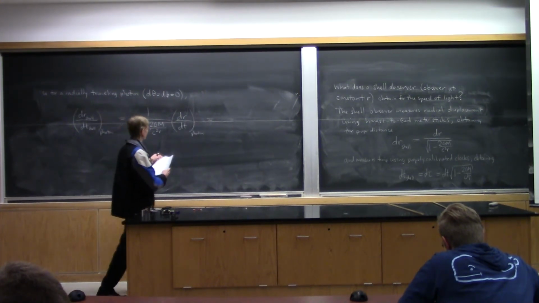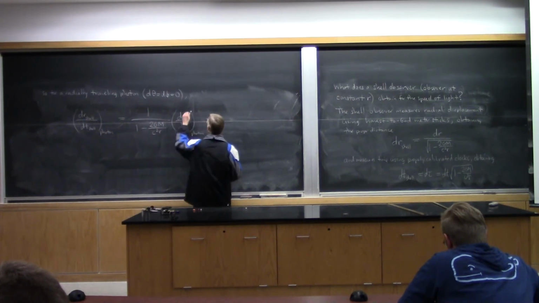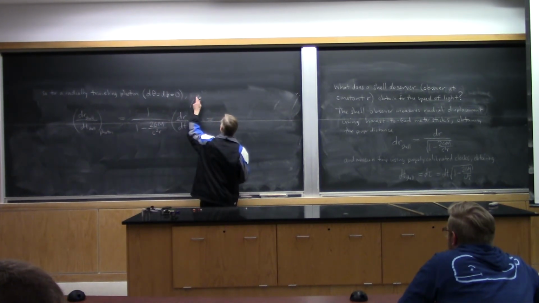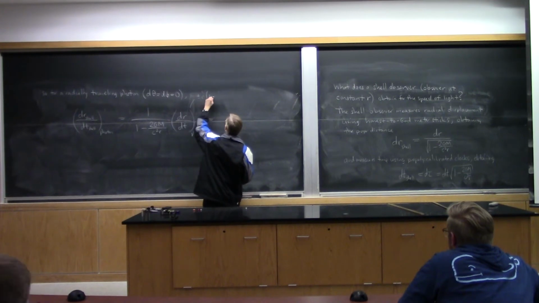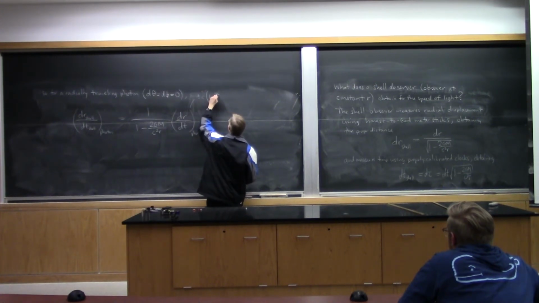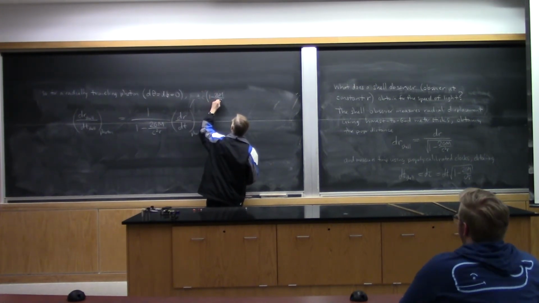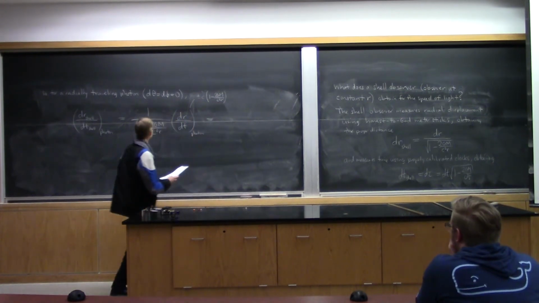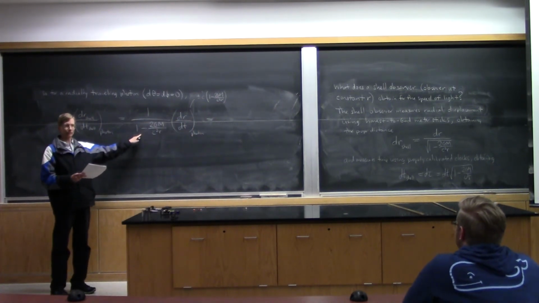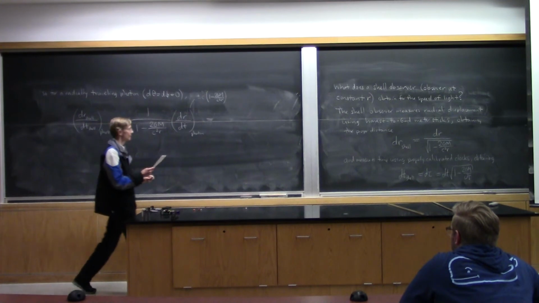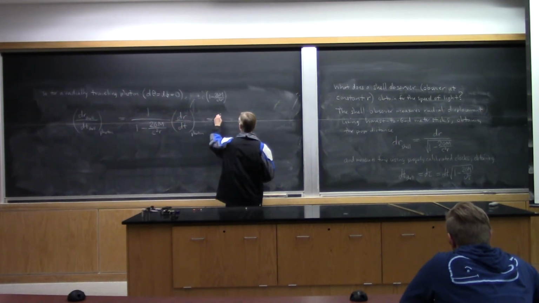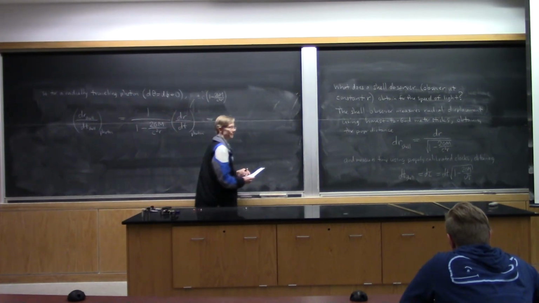But remember, dr/dt for the photon was plus or minus c times 1 minus 2GM over c squared r, the result we just got before. So the 1 minus 2GM over c squared r terms cancel, and we get plus or minus c.